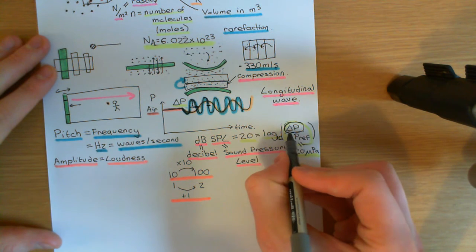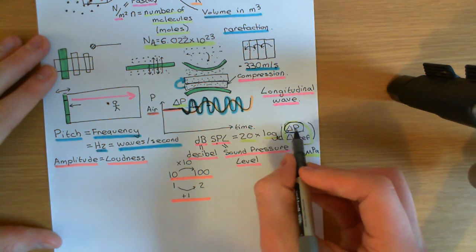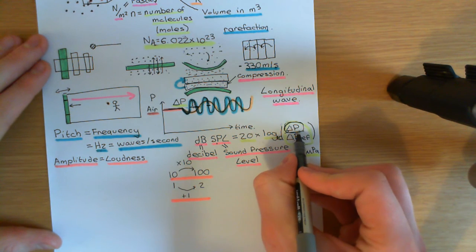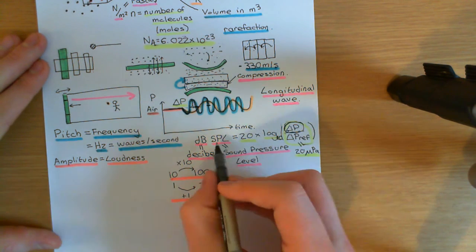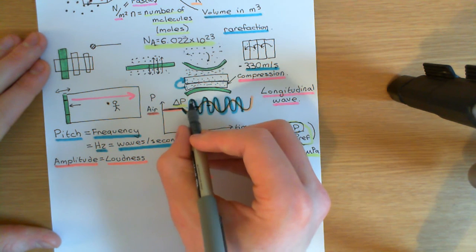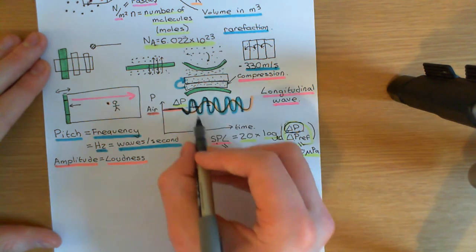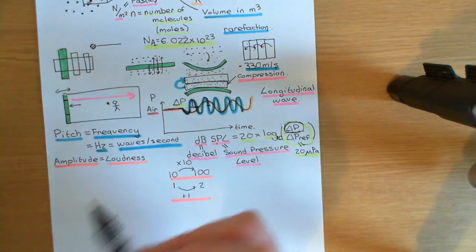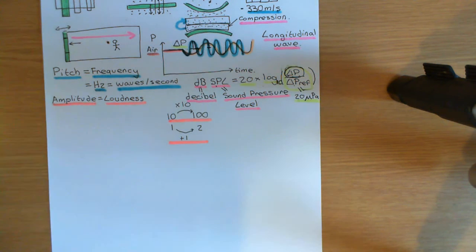The only variable here is delta P, so the answer you get is just an altered version of that absolute amplitude, a complicatedly altered version, but just an altered version. So the number that you get just represents how big that change in pressure is, and the bigger this number is, the bigger the alteration in the pressure that you're getting as part of that sound wave. Okay, right, so there is my discussion of what is sound.